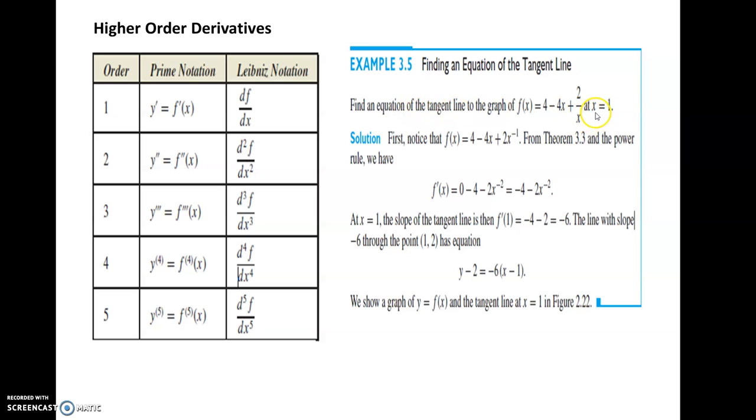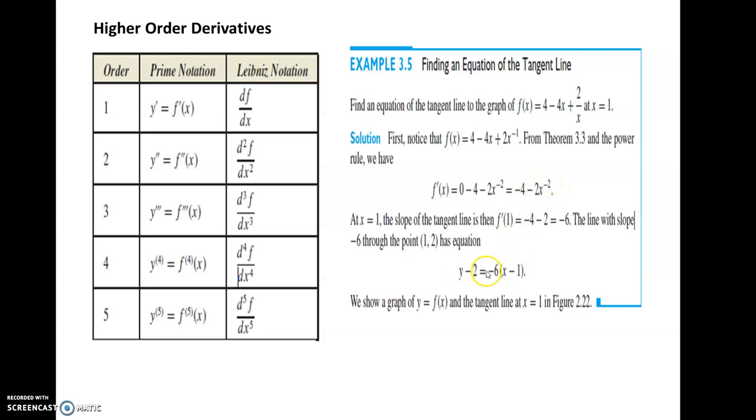So I put x equal to 1 here, and it becomes f prime of 1. This x is replaced by 1, so minus 4 minus 2, so minus 6. This is the slope of the tangent line at x equal to 1.